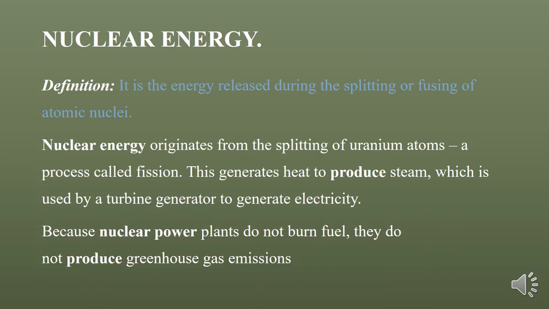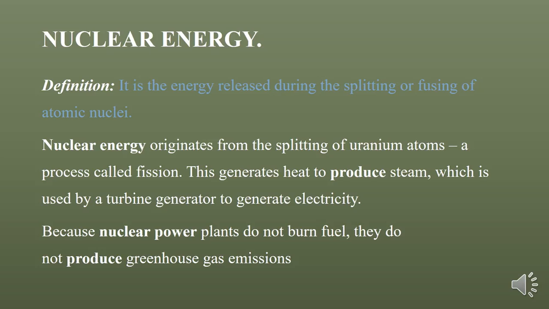Now let's look at nuclear energy. It is the energy released as a result of the splitting or fusing of atomic nuclei. That is the nucleus of an atom. Now, nuclear energy originates from the splitting of uranium atoms in a process called fission.